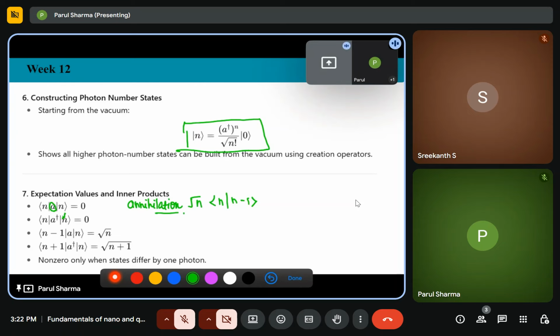In the previous slide, we saw that these are orthonormal states. So n is not equal to n minus 1, so it will give us the 0.